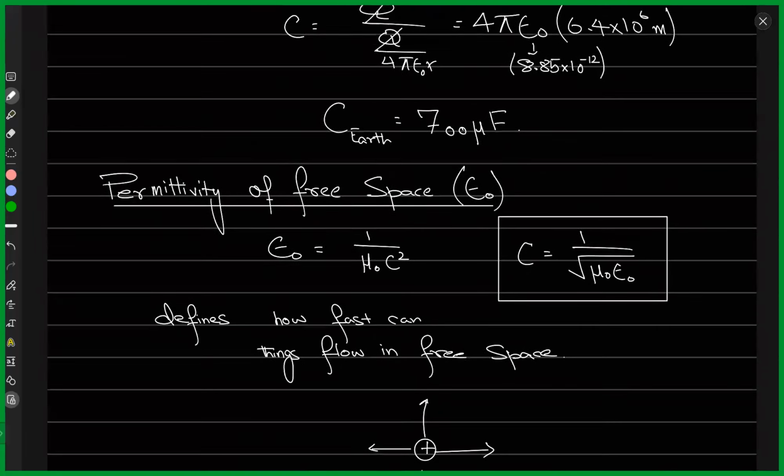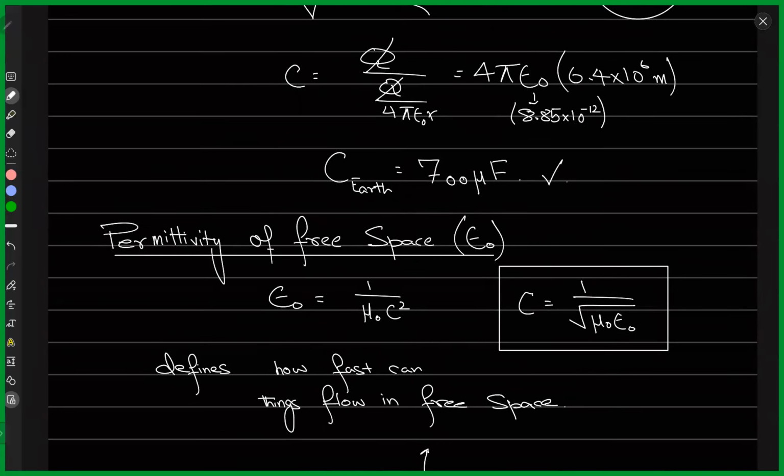Anyways, coming back to this, it's 700. So we basically computed the capacitance of the entire planet Earth, and Earth, mind you, is a very big object, and yet the capacitance is in micro, 700 microfarads. It's not surprising.